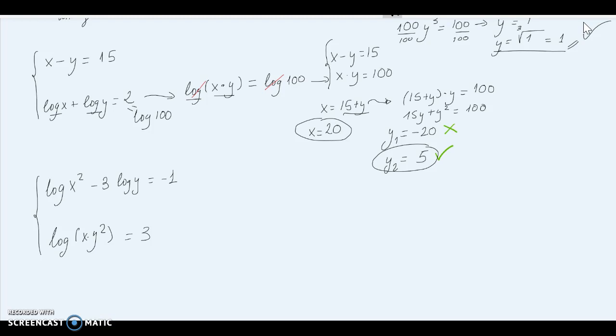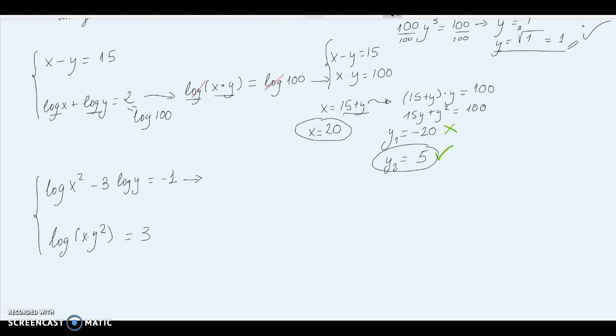Obviously, you can solve the system as I did before. But I'm going to show you another alternative method. So I'm going to transform this first equation a little. I'm going to change some things.